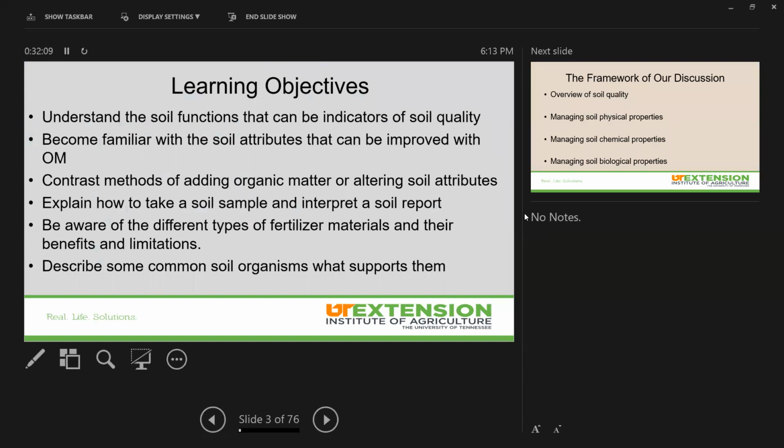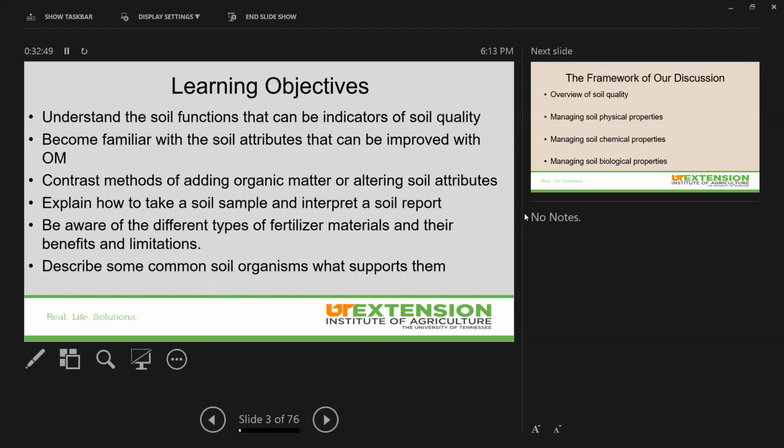So today we're going to be looking at understanding some of the soil functions that we've talked about and indicators of soil quality. We're going to look at how your soil attributes can be improved with organic matter. OM stands for organic matter. We'll explain how to take a soil sample, and we're going to go over some interpretations of the soil report. I'll ask you all to be patient with me because I'm not a math person. I put it all into the formulas myself when I get the numbers from the soil test, and we come as close as we can on making our recommendations.